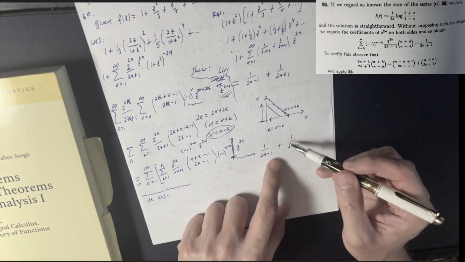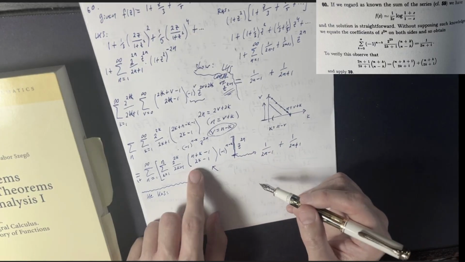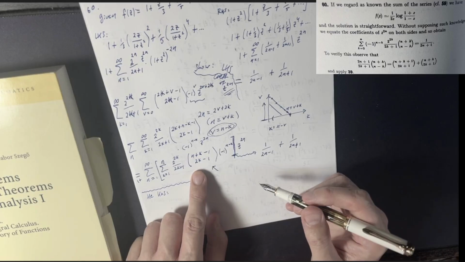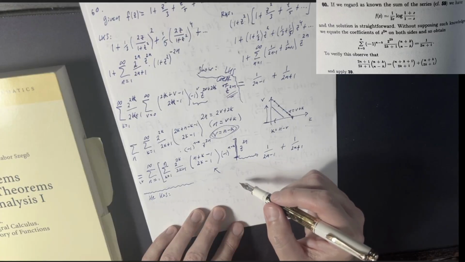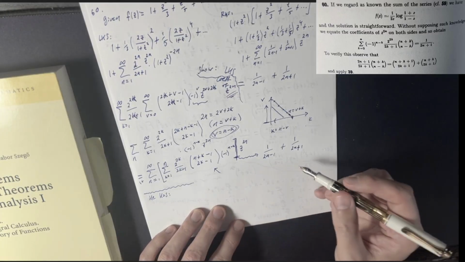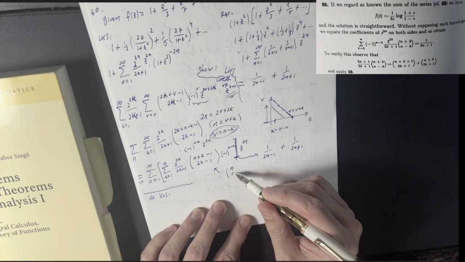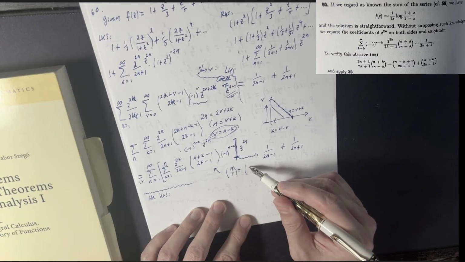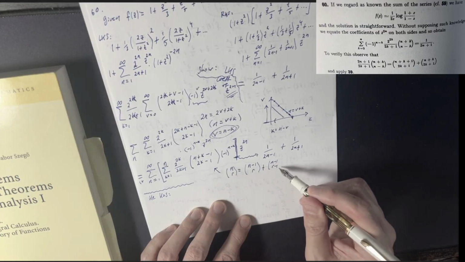He does the usual thing with this binomial coefficient. What is it? n choose r is the same as n minus 1 choose r plus n minus 1 choose r minus 1, right?